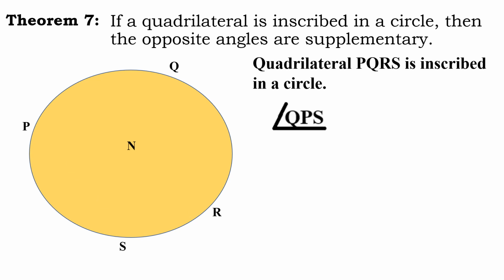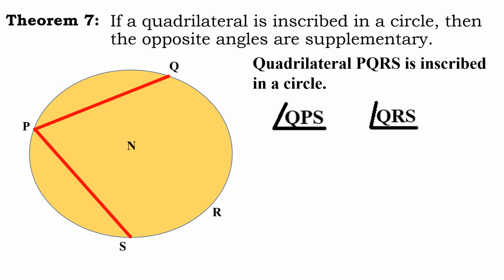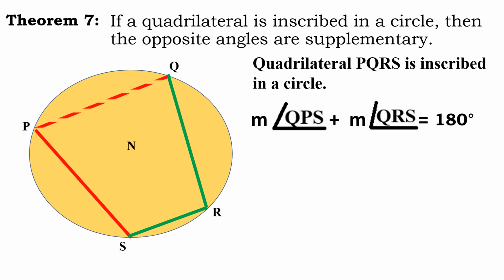Suppose I have here angle QPS. The opposite angle of angle QPS is angle QRS. So, following theorem number 7, if we add the measure of the two opposite angles in an inscribed quadrilateral in a circle, it is equal to 180 degrees.